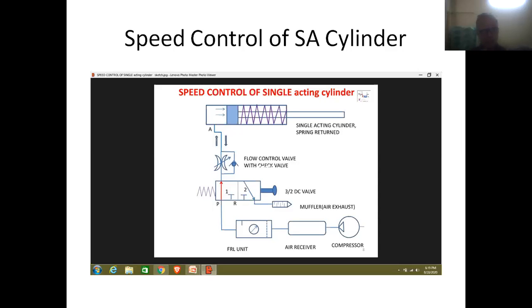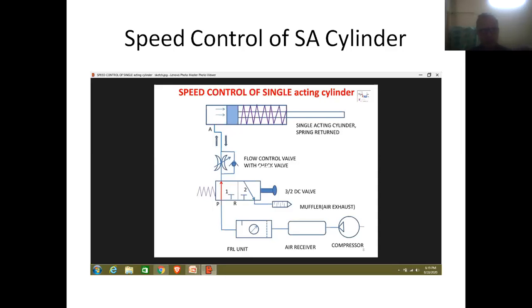And one port is sufficient that is made in the left hand side of the piston. So that is used not only for sending the fluid into the cylinder, but also for receiving the fluid that is coming out of the cylinder.